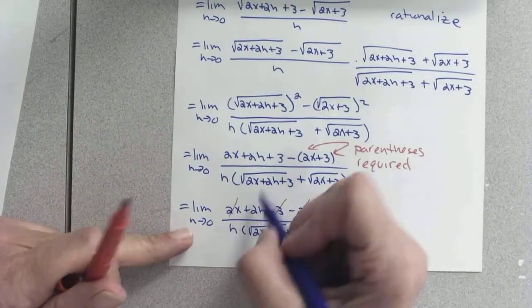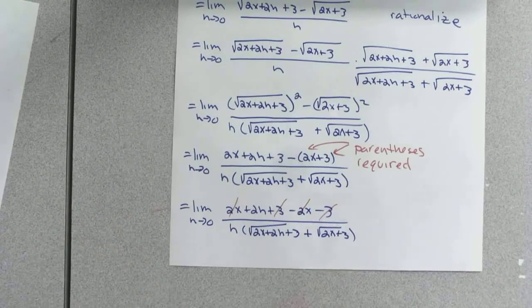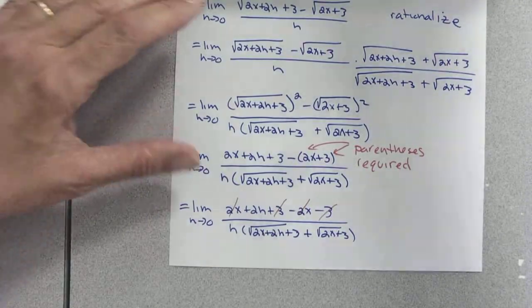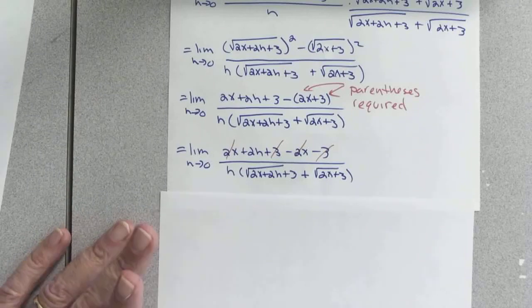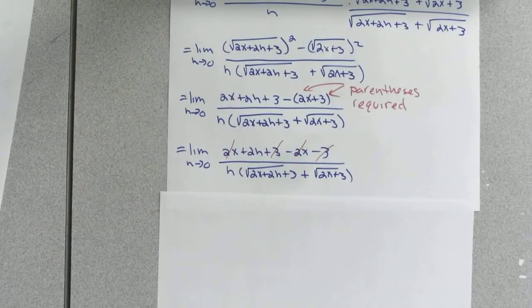This is supposed to be plus here. Lots of stuff cancels. And that's why the parentheses were so important, that allowed all the things without an h to cancel. If you get here, and there's still stuff running around that doesn't have an h in it, you probably have missed some parentheses somewhere.